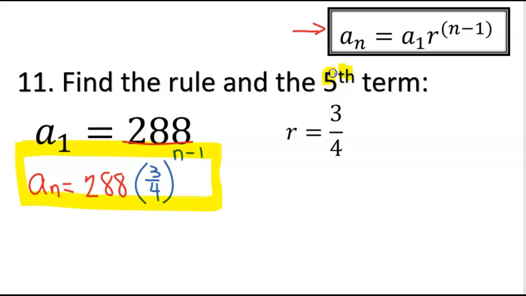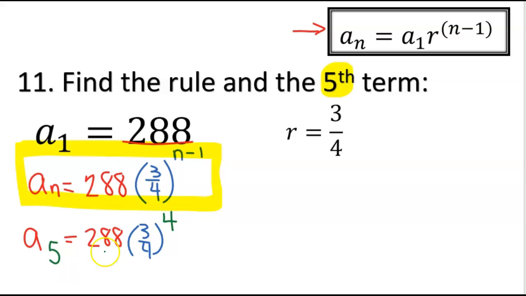I can use that rule to find the 5th number in the pattern. To find the 5th number in the pattern, I raise it to the 4th power, because this says n minus 1.